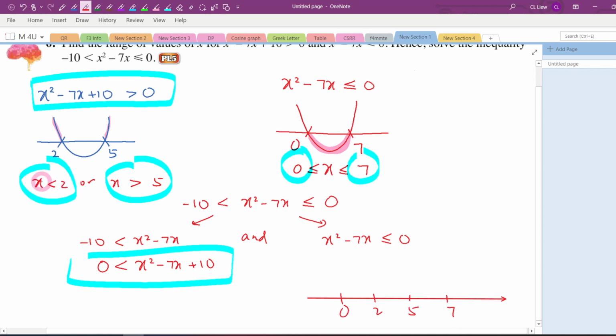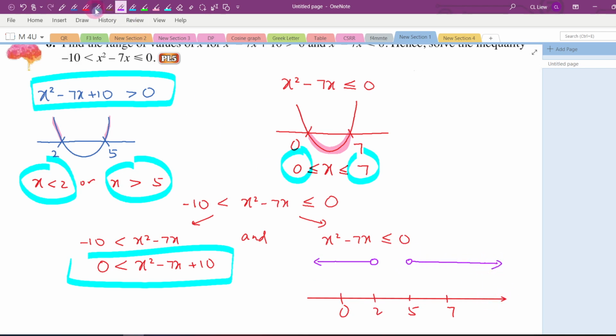Now look at this one. x is less than 2, 2 is not included. So how do we graph this inequality? Like this, right? Okay, so x is greater than 5.